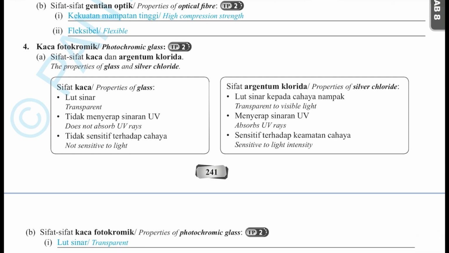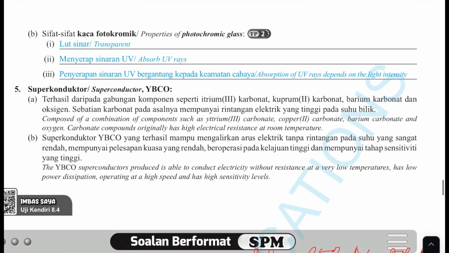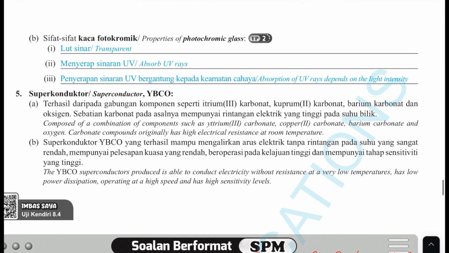Properties of glass, transparent, does not absorb UV rays, not sensitive to light. Properties of silver chloride, transparent to visible light, absorb UV rays, sensitive to light intensity. So properties of photochromic glass, transparent, absorb UV rays. Absorption of UV rays depends on the light intensity.